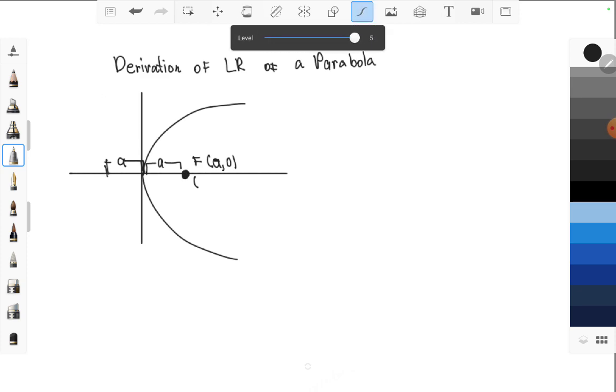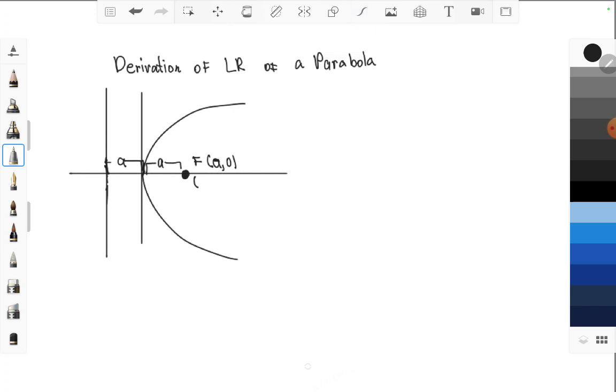So this will be our directrix, in which the point of the directrix that lies on the axis of our parabola has the coordinate negative A, 0.